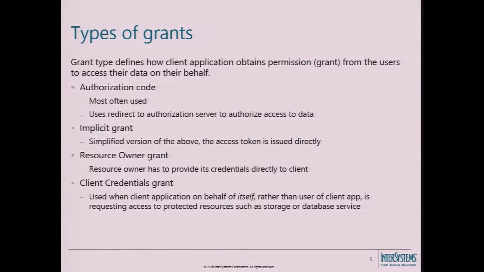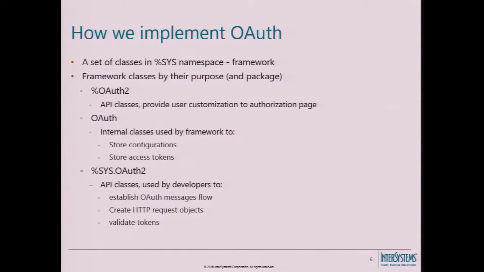The application might be connecting on its own behalf. So it's not you as a physical person, but the application itself that might be asking for the data. By the way, when we're talking about OAuth, the abbreviation stands for Open Authorization Framework. It's not Open Authentication Framework. It's two different things.